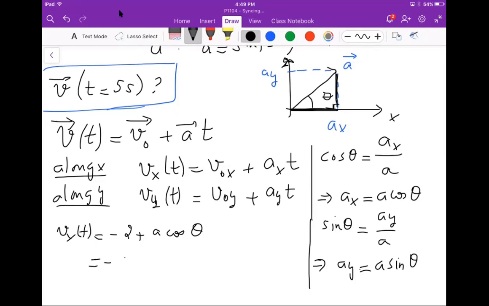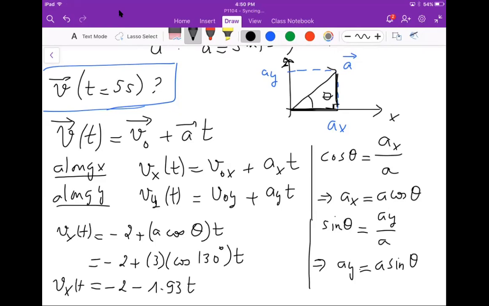So it's equal to minus 2 plus A, which is given by 3, and cosine 130 degrees, times t. So we still have the time in here. And so it's equal to minus 2 minus 1.93 t. So this is the expression of the velocity Vx as a function of time for its x component.